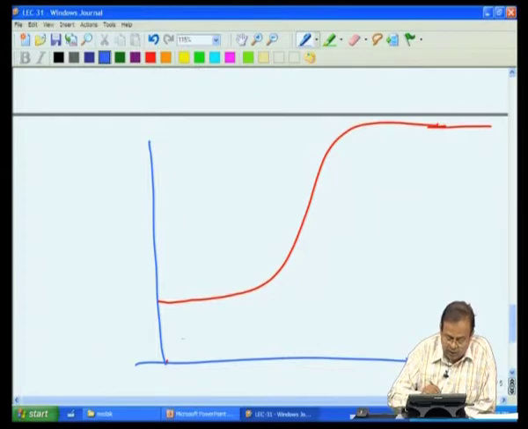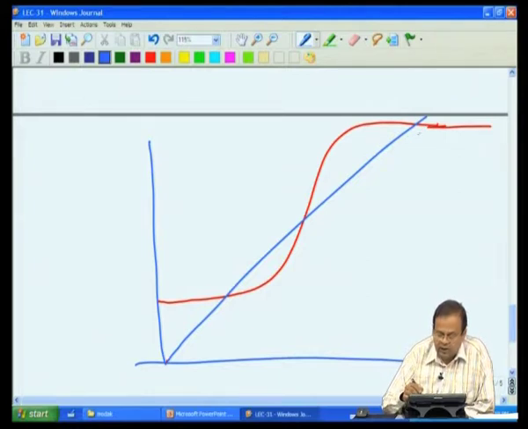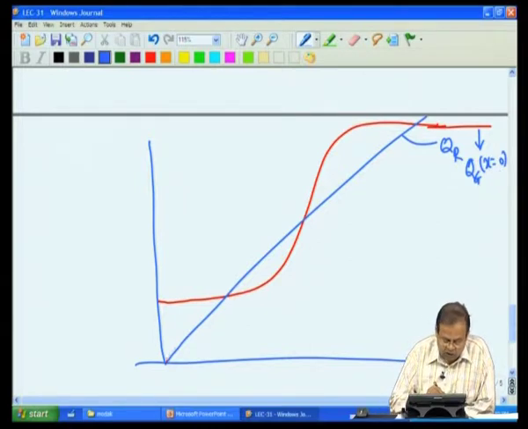So, I'll just put, just for sake of argument, this is my value of psi. So, this is my QR curve and this is my QG curve with x equal to 0. Okay. So, initially my temperature rise is limited, because as my temperature is increasing, my heat generation is coming closer to heat removal.